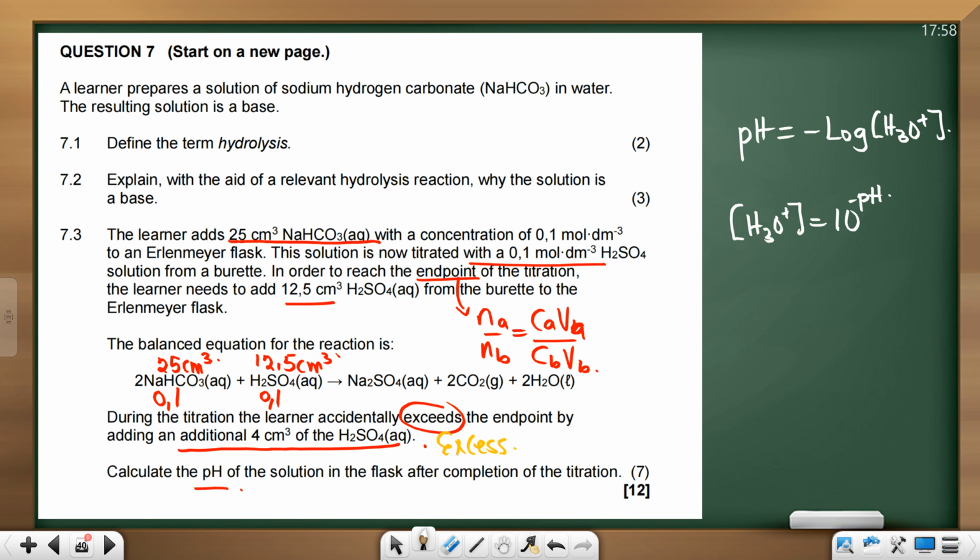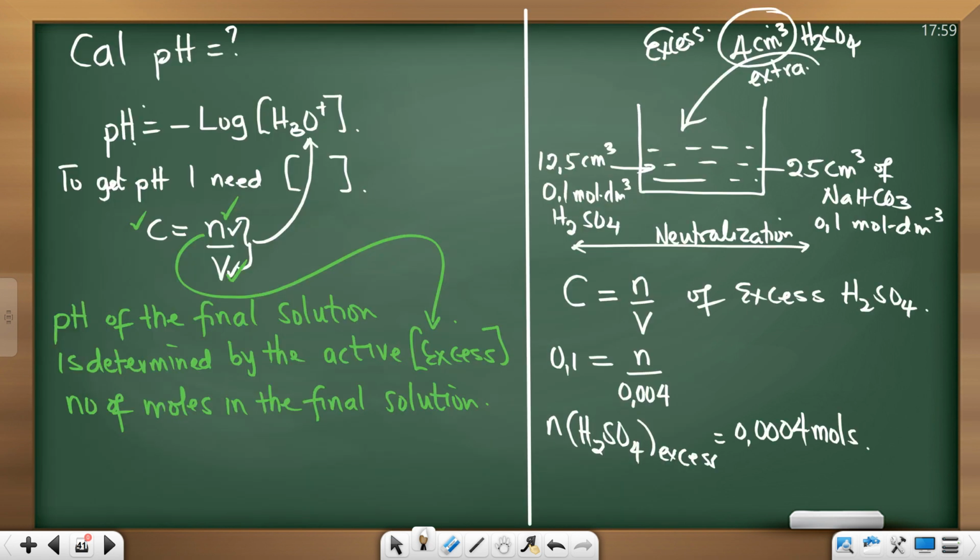Read the question, Nana. Yeah, I can see now. Okay. So the learner accidentally added extra. What volume was the extra? It was 4. Oh, okay. That's the one that is excess now. That's why I have to look for the number of moles of what is excess.